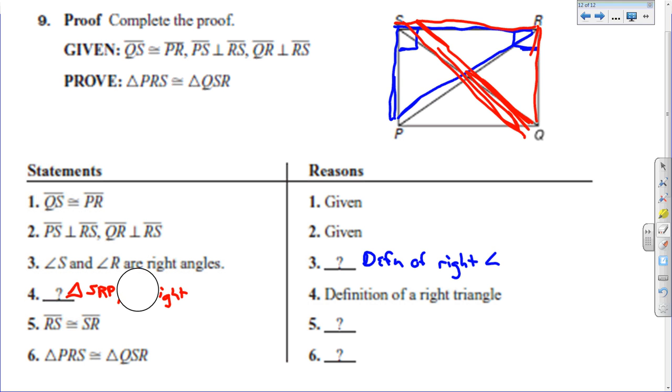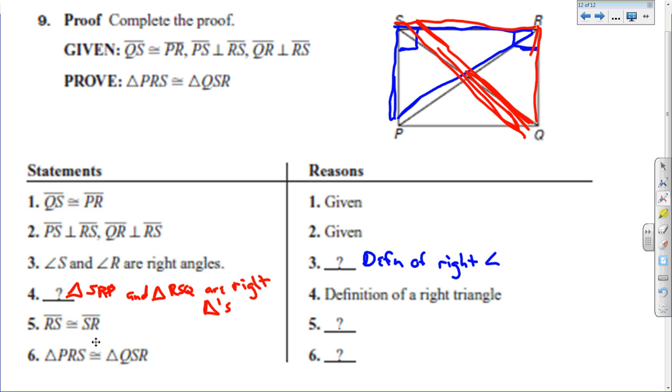We can reword this better. SRP and RSQ are right triangles.